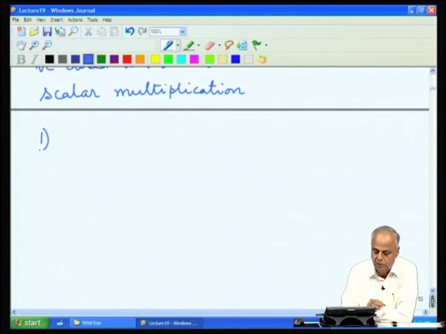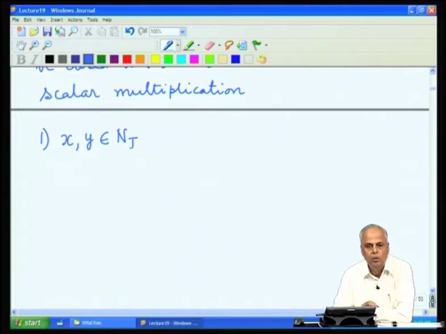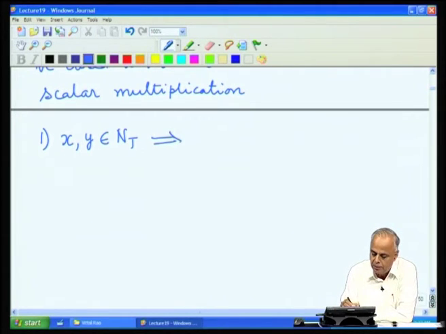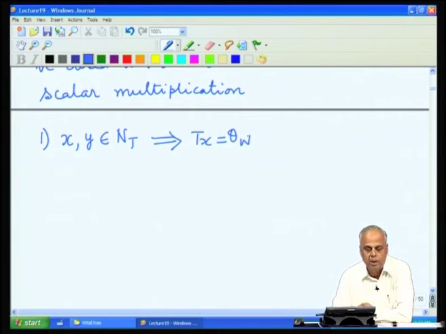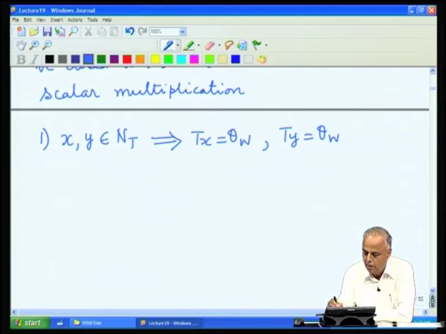So, let us first check with addition. Suppose we have two vectors in N(T), we want to know whether their sum will also be in N(T). Now, all we know at present is that x, y are in N(T), but N(T) is the collection of all those vectors which are mapped to the 0 vector, and therefore, T of x must be the 0 vector, and T of y must be the 0 vector, because x and y are in N(T).